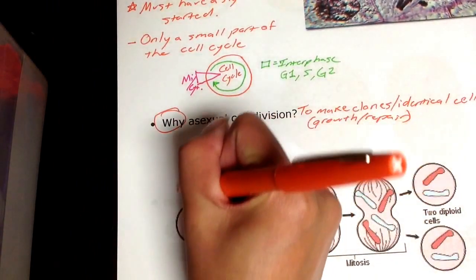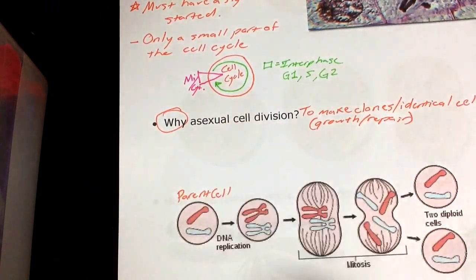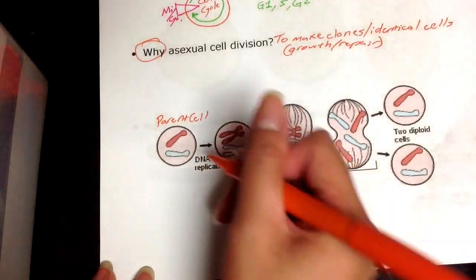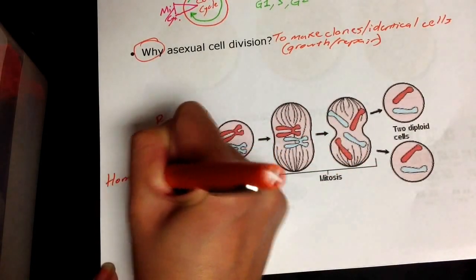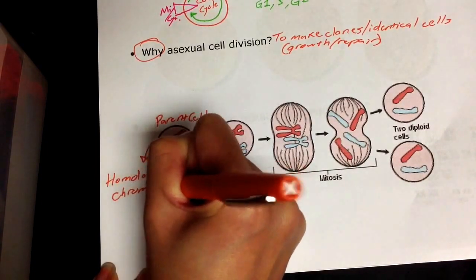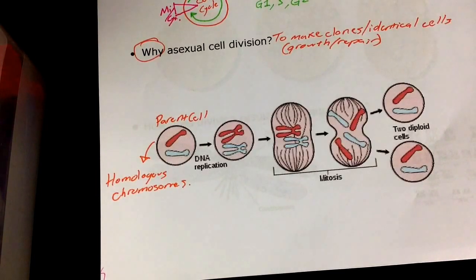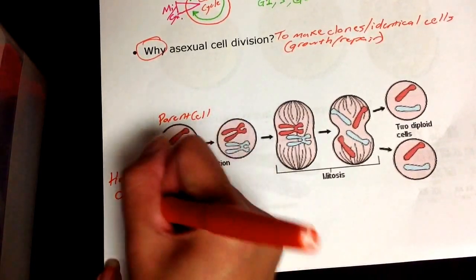So the first cell we have here is known as our parent cell. And in our parent cell, we can actually see that there are some homologous chromosomes. Hopefully you'll remember that homologous chromosomes are chromosomes that have the same information in them, and so they do come in pairs.